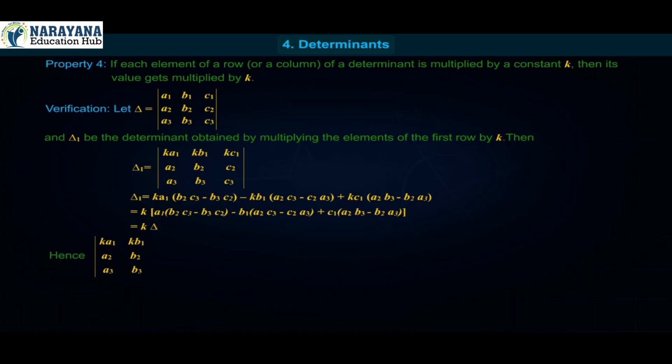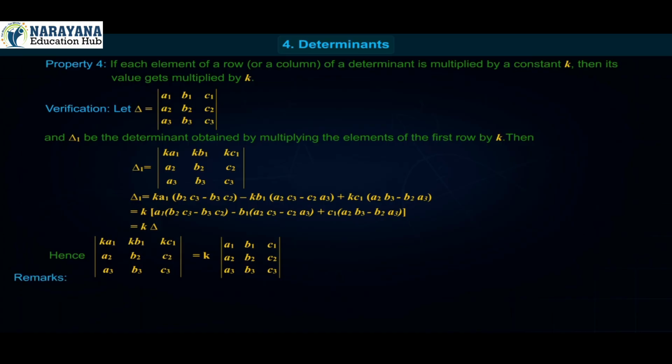Hence, determinant ka1, kb1, kc1, a2, b2, c2, a3, b3, c3 is equal to k into determinant a1, b1, c1, a2, b2, c2, a3, b3, c3.